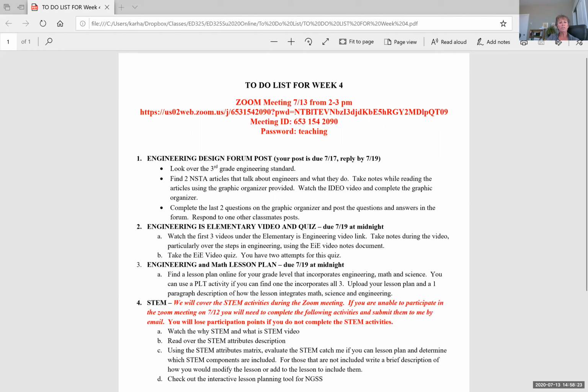You'll find 2 articles on engineers and watch the IDEO shopping cart video on engineering. You'll take that information and fill out the "What do engineers do" graphic organizer, and use it to complete this week's forum post.